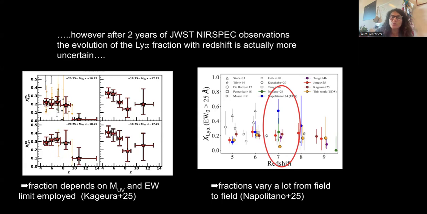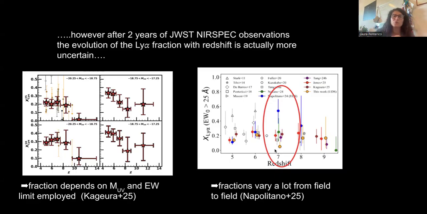And we also realize that depending on which field you look at, the fraction of Lyman alpha emitters varies a lot. For example, in this plot by Napolitano 25, we have the fraction of Lyman alpha emitters in different fields. Just look at the blue point and the yellow point at redshift 7. This is the fraction of Lyman alpha emitters, respectively, in the EGS field and in the UDS field. These are simply two different parts of the sky.